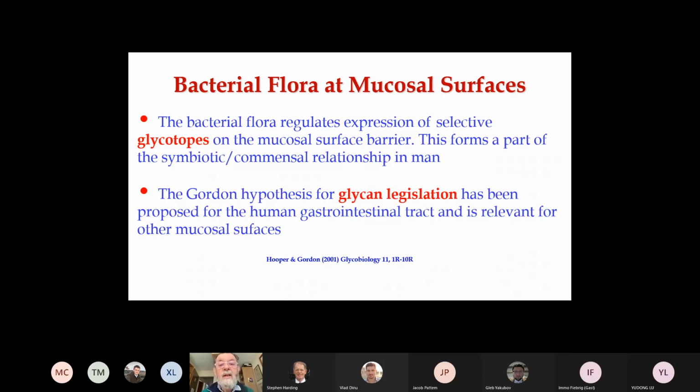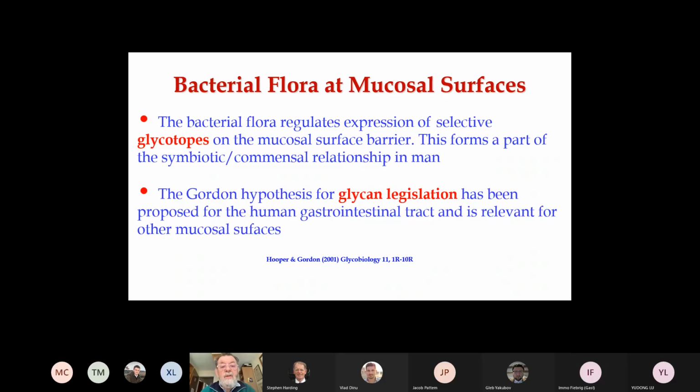The bacterial flora regulates the expression of particular carbohydrate structures, glycotopes, on the surface barrier. This is part of the relationship between the symbiotic and commensal bacterial species in man.